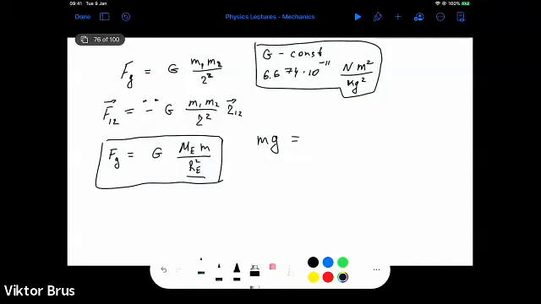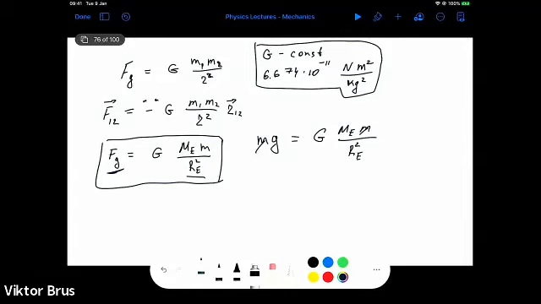Then it will be equal to this gravitational force. We can write capital G, mass of the Earth, mass of our object, divided by the radius of the Earth squared. From here, we can cancel out the mass of the object.